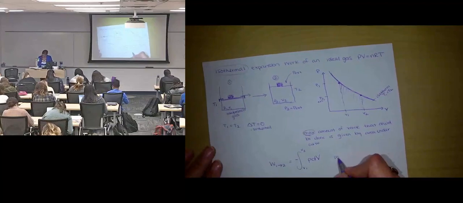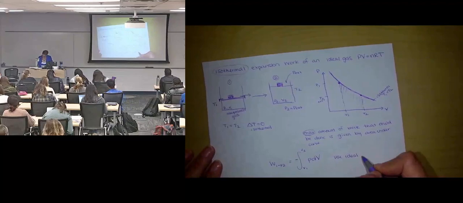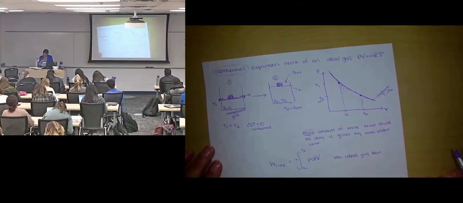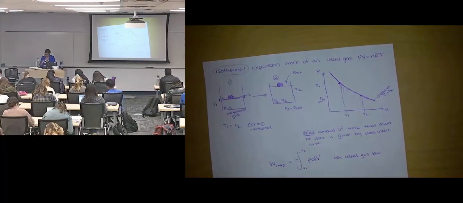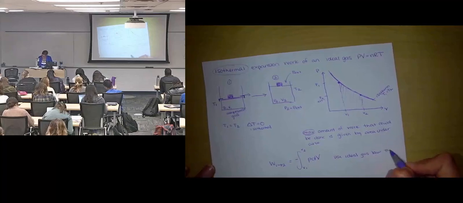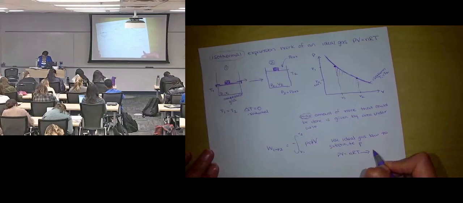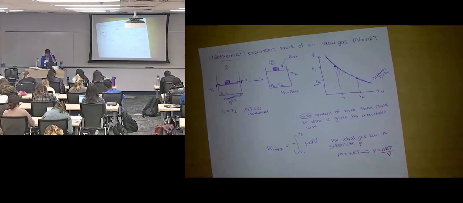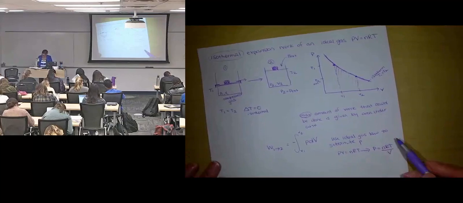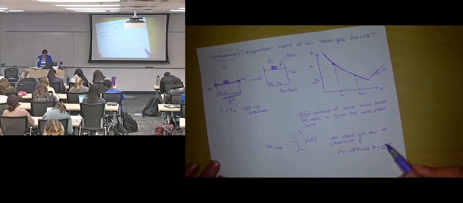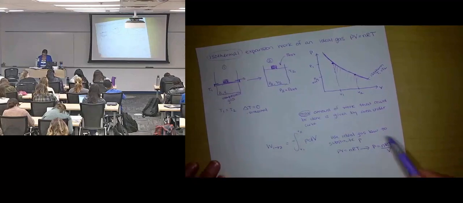And then I'm going to use the ideal gas law to substitute for pressure and get everything in terms of volume. PV equals nRT. P is equal to nRT over V. And everything else I know is a constant. The number of moles of gas isn't changing. The gas constant isn't changing. I told you it's isothermal, so T isn't changing. So everything else is a constant.